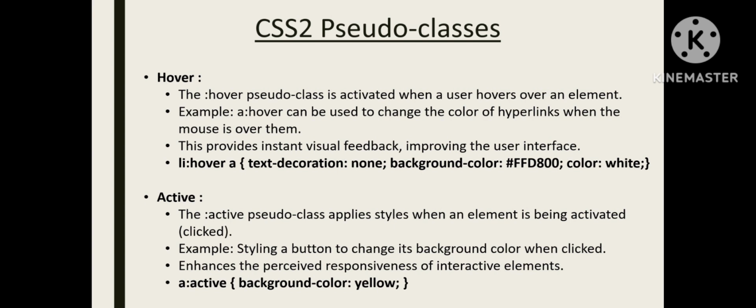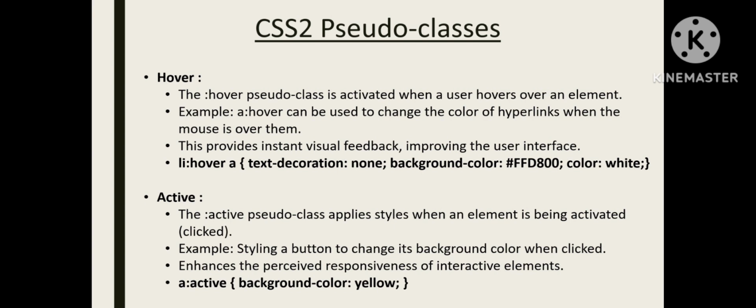Means we can add this hover pseudo class over any element from our HTML page, and then we can declare some of the properties which will be executed when a user hovers over that element. This provides instant visual feedback and improves the user interface.